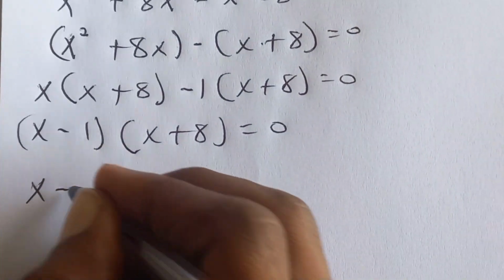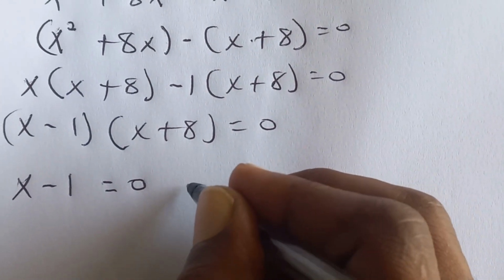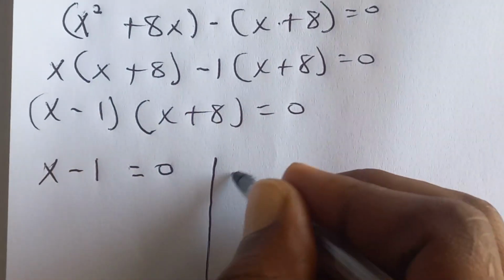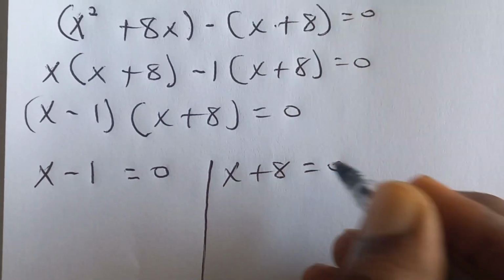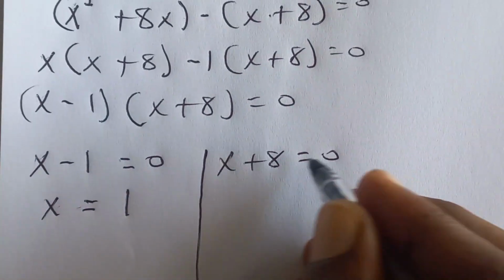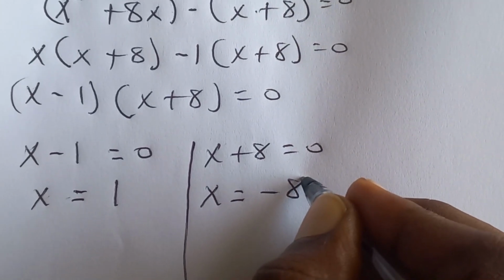We say that x minus 1 is equal to 0. x plus 8 is equal to 0. So we have x is equal to 1. And here we have x is equal to negative 8. Okay.